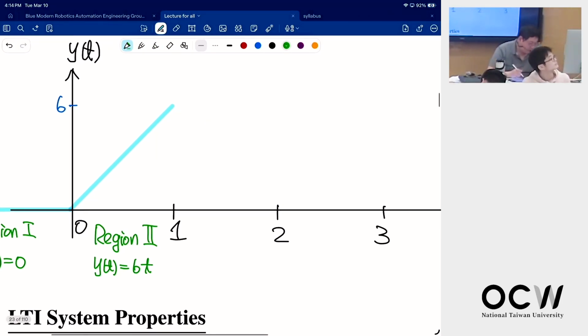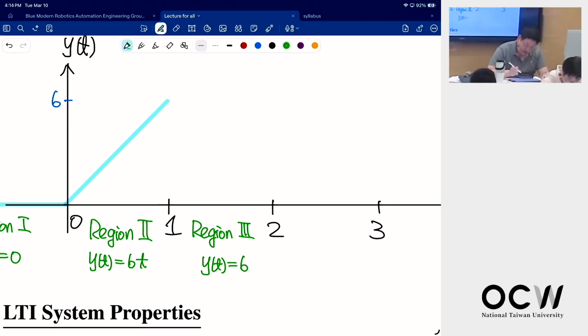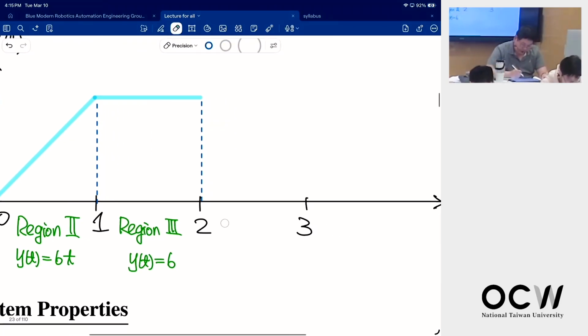Now, when t is between 1 and 2, that's region 3. So y is 6, so here we don't change, just a line. Next, here we have region 4.